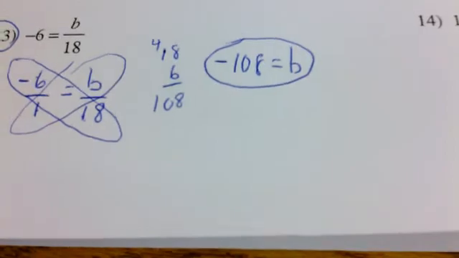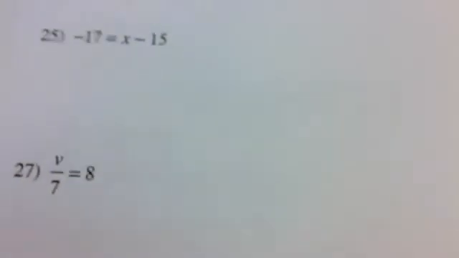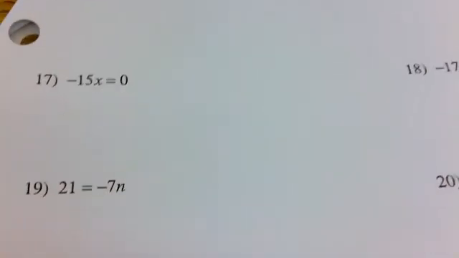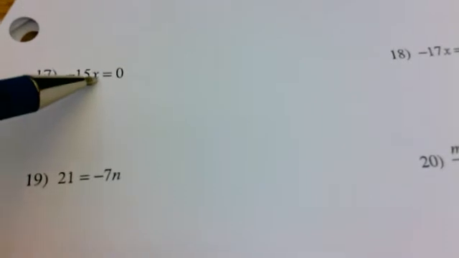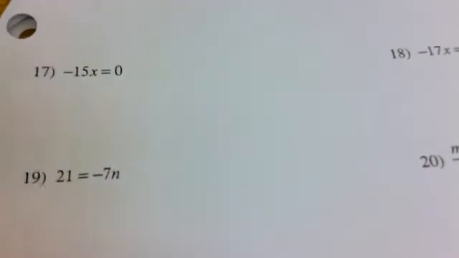Okay, there were a few more that we did in class. On the next page, we did numbers 17, 19, and 25. So let's do 17. Over here, I look in between the number and the variable. If there's no plus or minus sign, that means multiplication.